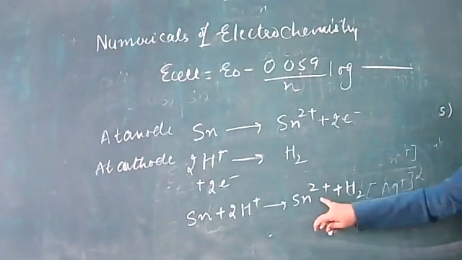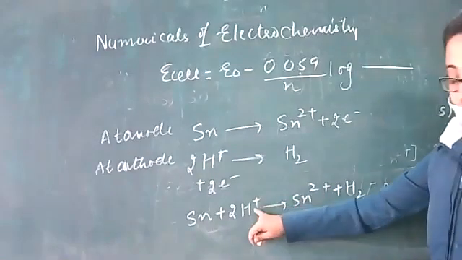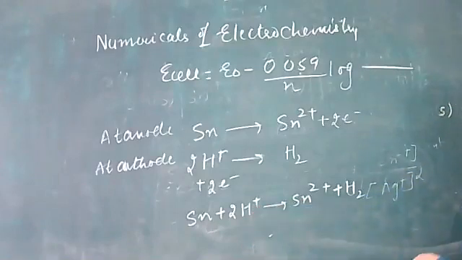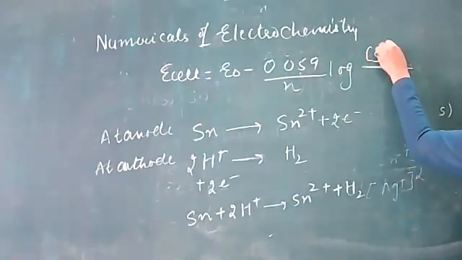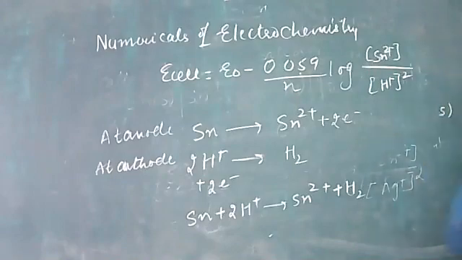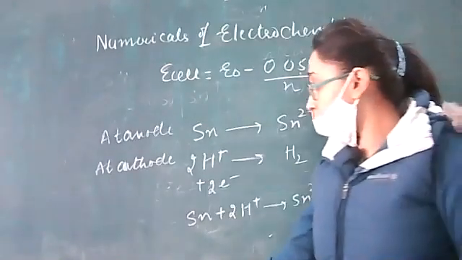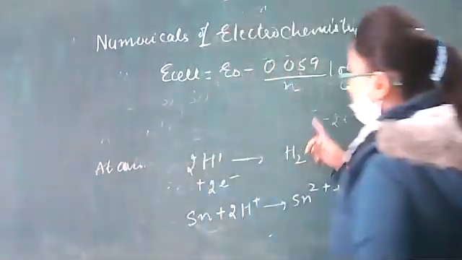In the equation Sn2 positive is on the product side and H positive on the reactant side, so you will write Sn2 positive here and H positive here.